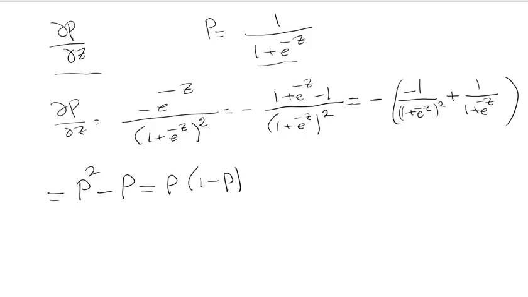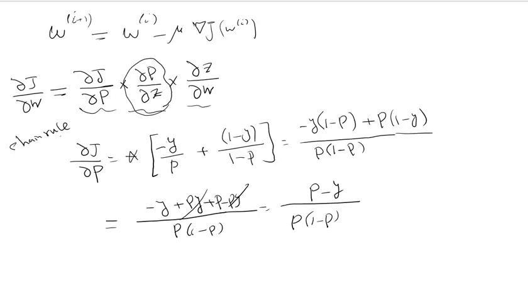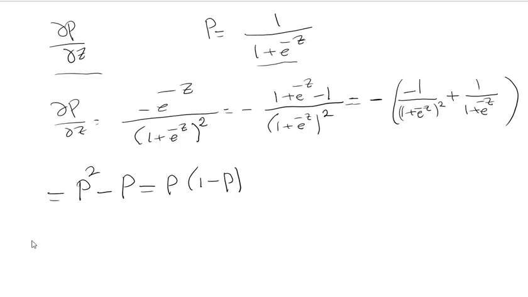And what is the last term? The last term is the derivative round z over round w. Z equals w transpose x, or w transpose x plus b, doesn't matter.